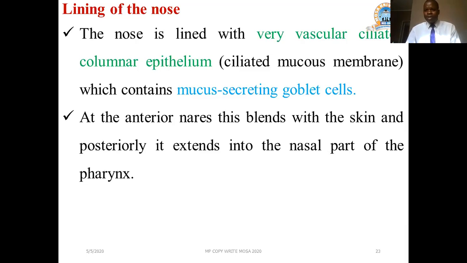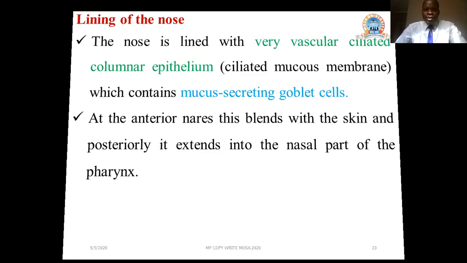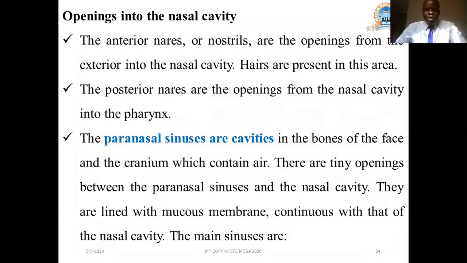So this also explains why in your nose you find some secretions, mucus, especially when you're having an infection of the upper respiratory tract, because they get irritated and secrete more. At the anterior nares, this blends with the skin, and posteriorly it extends into the nasal part of the pharynx.